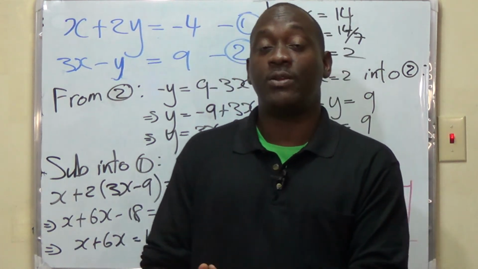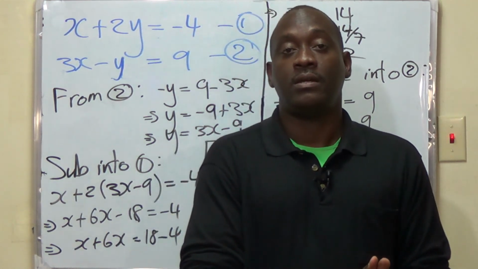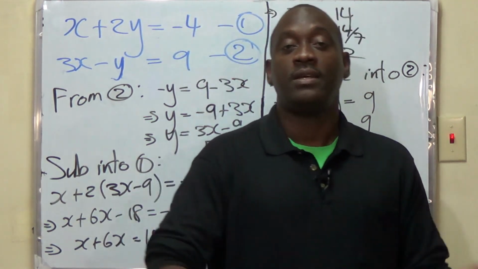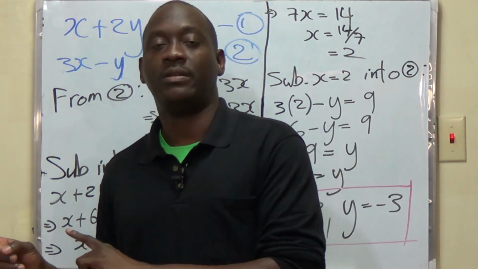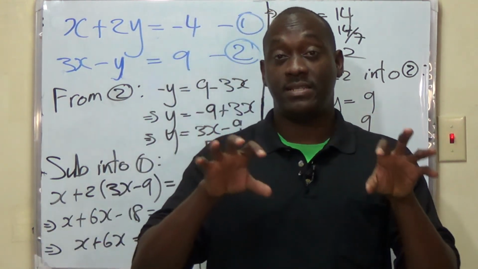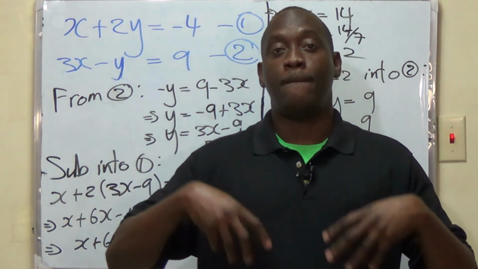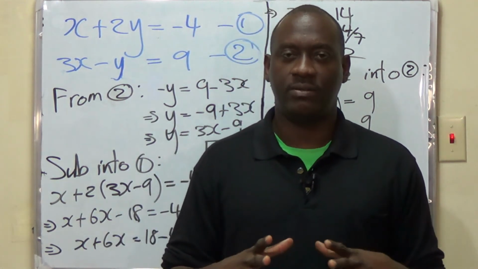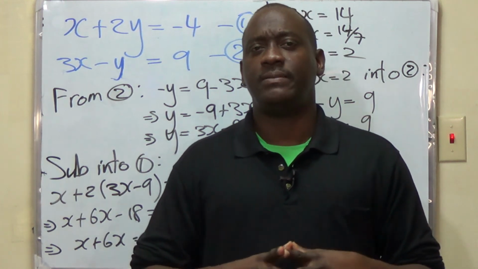You just find the value of x or y from the equation in which it appears. You substitute it accordingly, find the value of the other variable, y or x, and then substitute that value back into any of the 2 equations to get the actual value. And that is basically it.